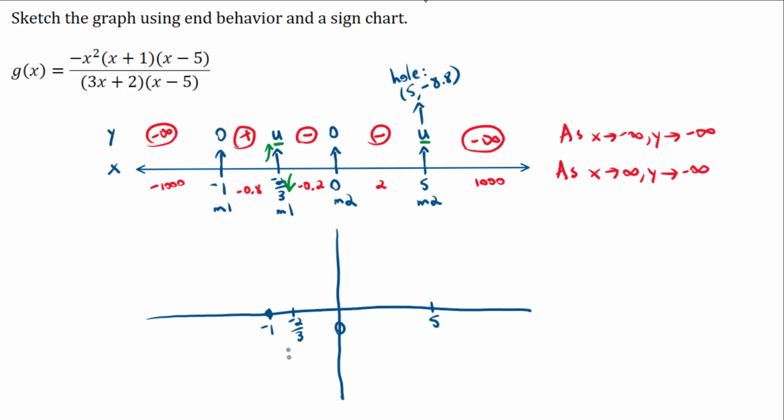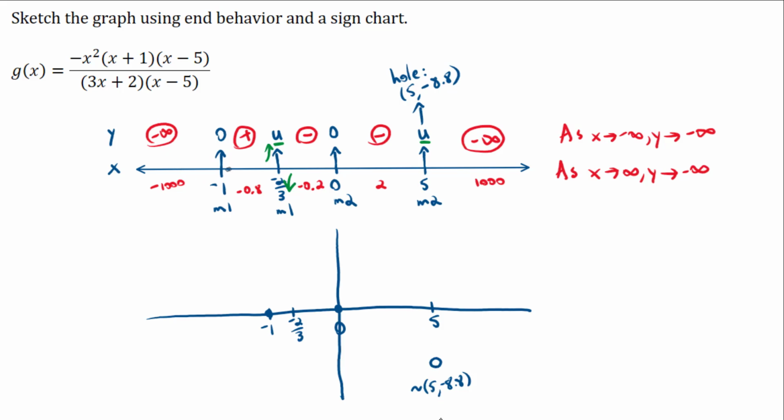Negative 2/3, we can't hit negative 2/3, so I'm not going to do anything there yet. 0 outputs 0, so it's an x-intercept. And at 5, we have a hole in our graph at 5, negative 8.8. I'll just put that down here like this, and I'll label it with the ordered pair 5, negative 8.8. It's approximate, by the way, so I'll say it's approximately 5, negative 8.8. Okay, so that's a hole, not a 0.